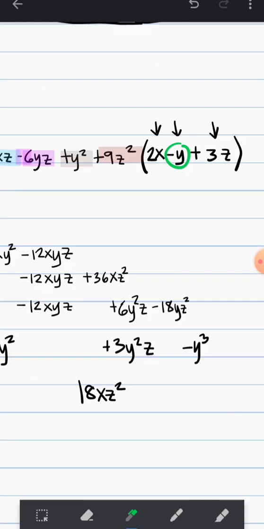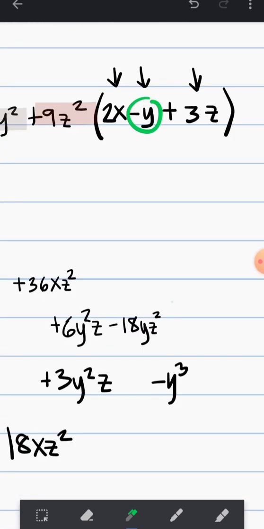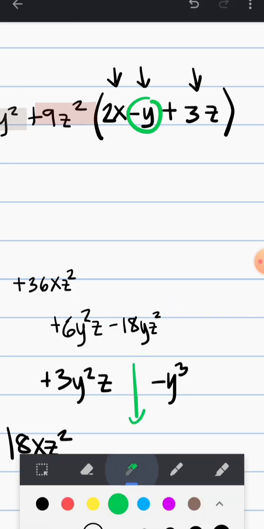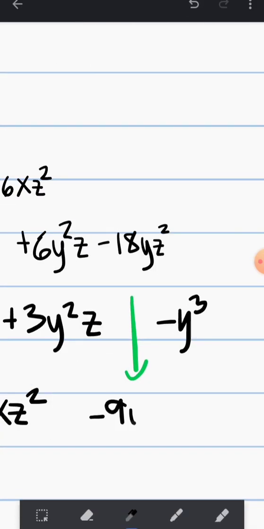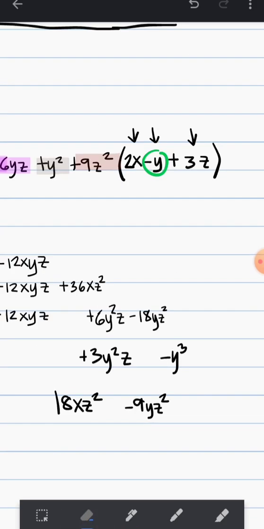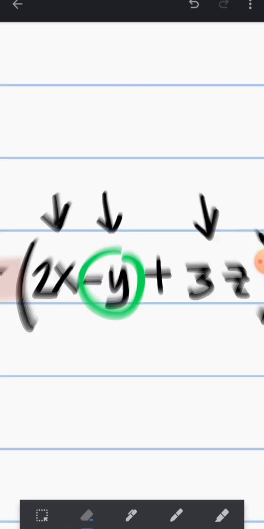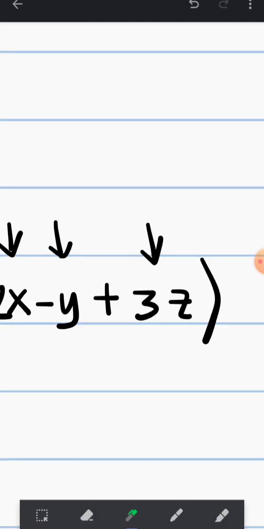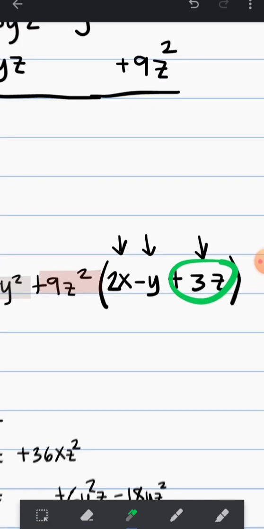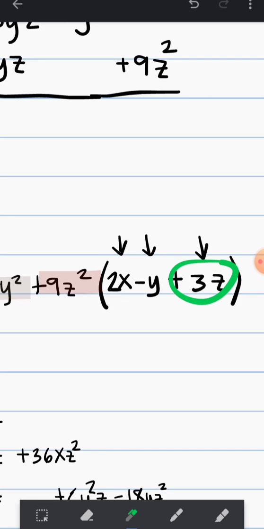And then this term: 9 times 3 is 27, so 27z cubed.